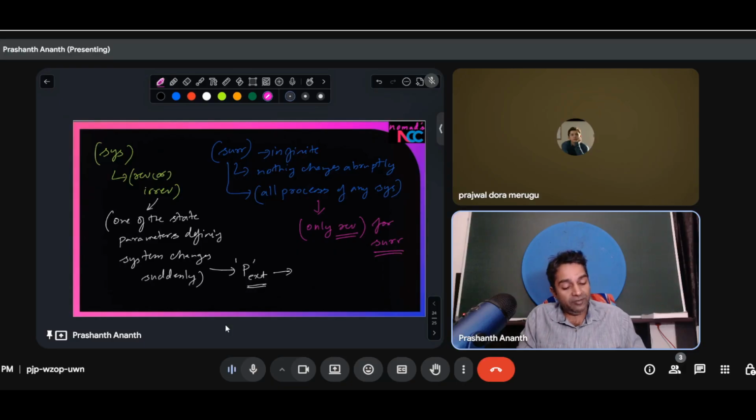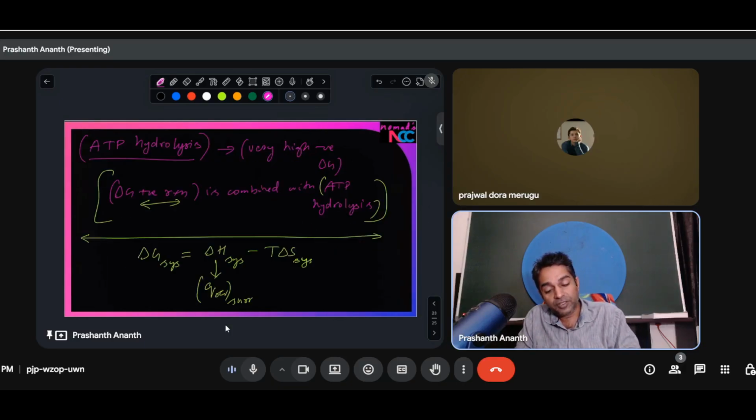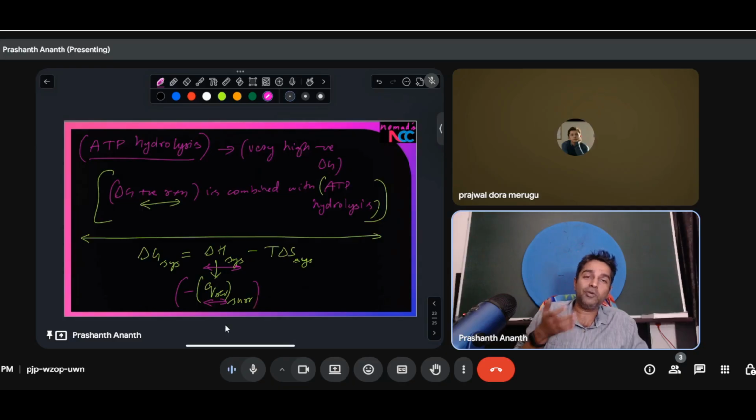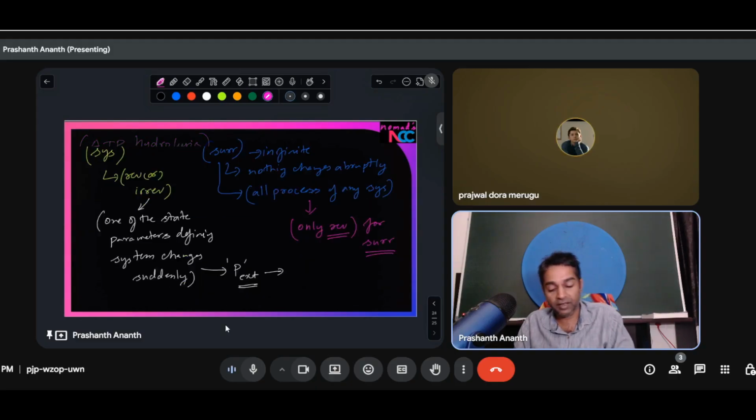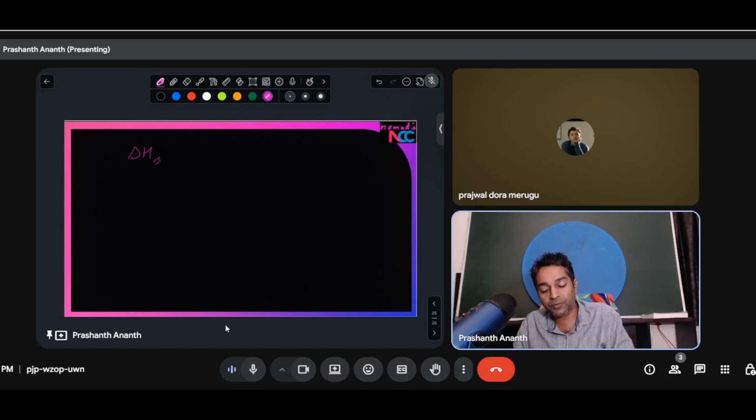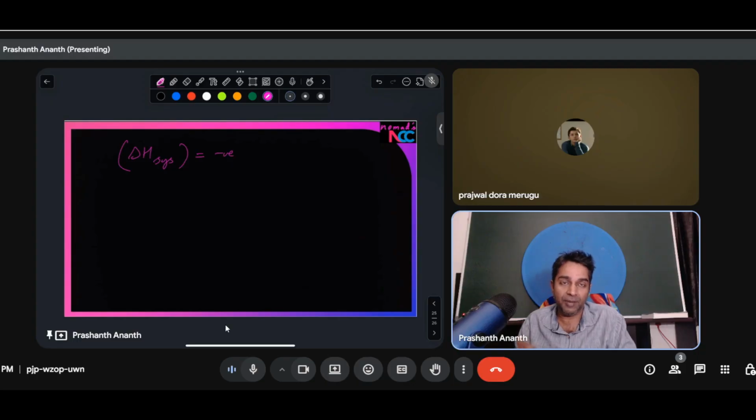So we can effectively say that the delta H of system is basically going to be nothing but heat released by the system. If it is heat released by the system, it is nothing but heat which has been released reversibly to the surroundings. Of course, with a negative sign. Why with a negative sign? Because surroundings is going to be gaining the heat if the system is losing the heat. Right? Think. If I am considering delta H from the system perspective, if this is negative, that means the system has released heat.